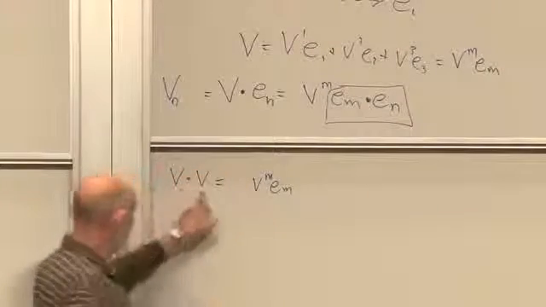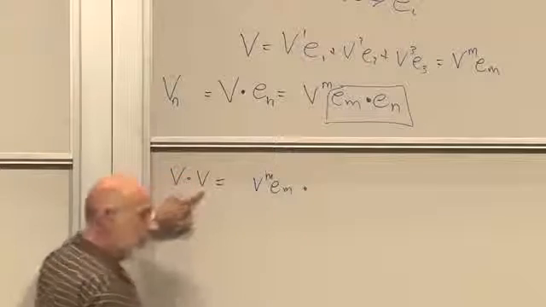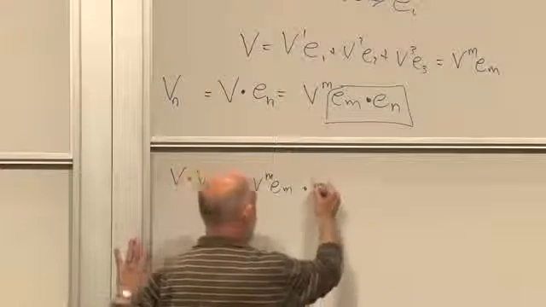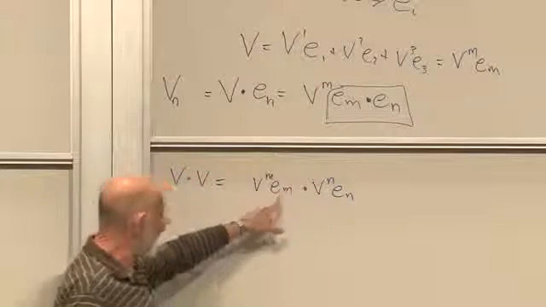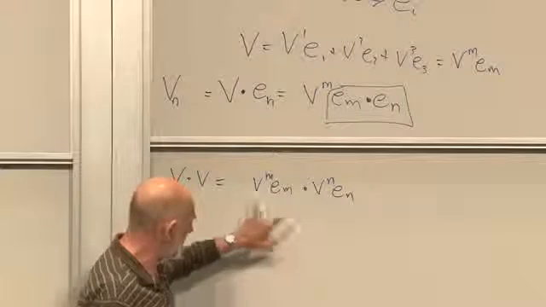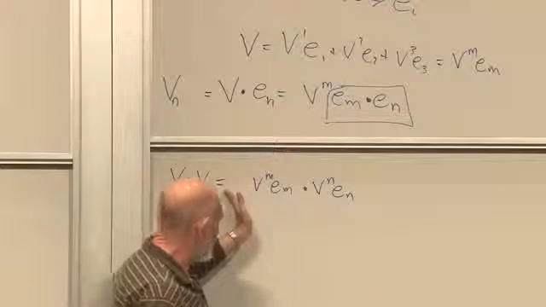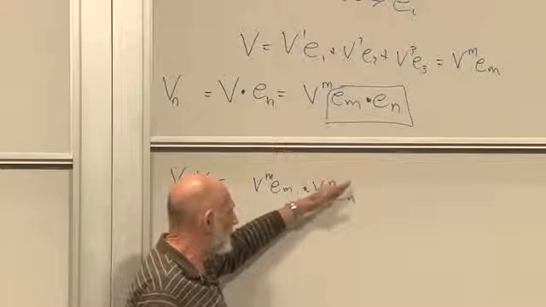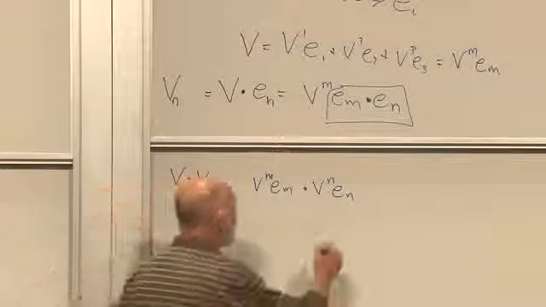That's the first v. But then let's take its dot product with the second v. The second v is Vn En. I have to use a different index for this summation than for this summation. I mustn't mix up the summation indices. This is Vm Em. This means v1 e1 plus v2 e2 plus v3 e3 times v1 e1 plus v2 and so forth. Okay?